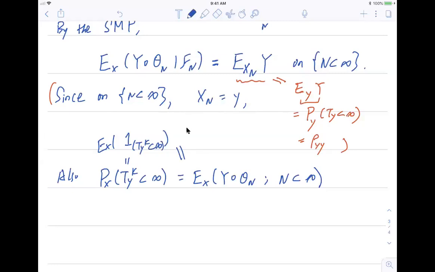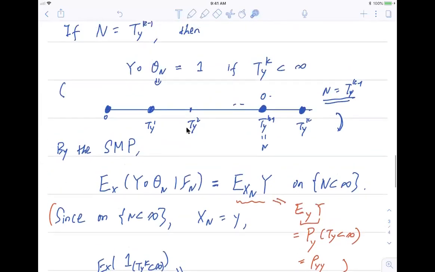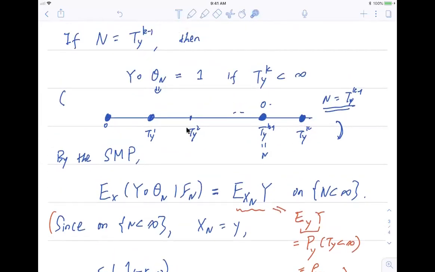Why? Because here, t_y^k is finite. What does it mean for t_y^k to be finite? If this is finite, first n must be finite, the stopping time, because this is bigger than this.